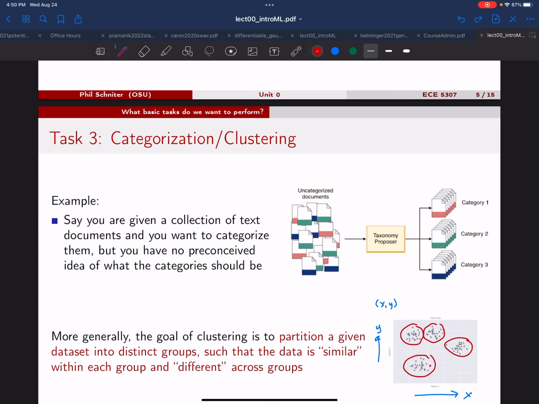It predicts this is the type. But clustering is very different. You're never told what the ground truth is. You're just given a bunch of documents and you're told, arrange them in a way that these ones are similar to each other, these other ones are similar to each other but different than the first, and so on.